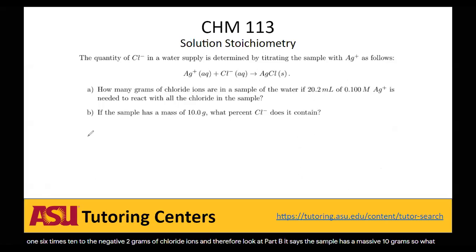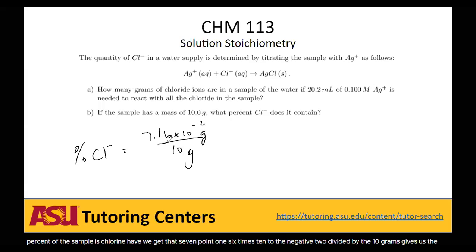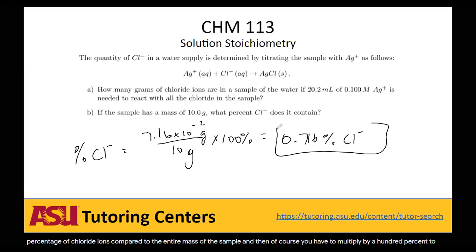Using the amount of chlorine we have, 7.16 times 10 to the negative 2 divided by the 10 grams gives us the fraction of chloride ions compared to the entire mass of the sample. Then we multiply by 100% to convert to a percentage, and that gives 0.176% chloride ions. So a very tiny percentage of the sample is actually chloride ions.